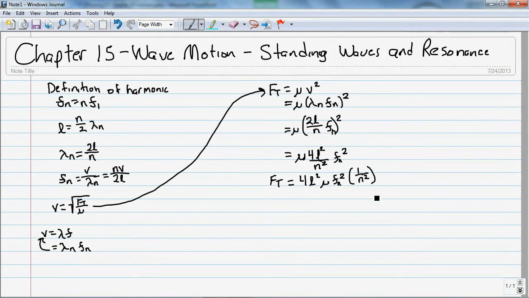And so if we were to chart our force of tension related to 1 over n squared, we would get a straight line, and the slope of that straight line would be 4 times L squared times mu times the nth harmonic frequency squared. And we could use this slope to come up with our mu value. And that's exactly what one of the labs, the one on standing waves, is going to have you do.